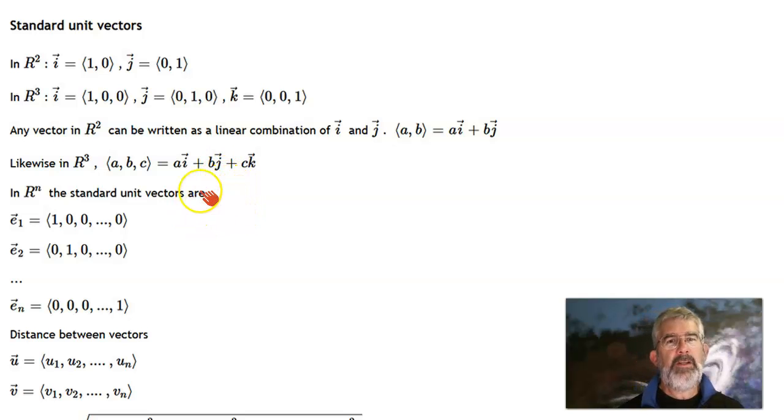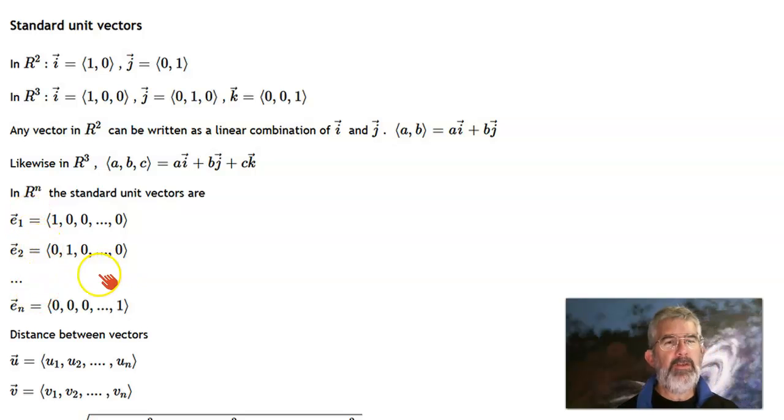Okay, standard unit vectors. We could keep going and say, oh, in R4 I got i, j, k, and l, and then R5 i, j, k, l, m, and you're just going to run out of letters pretty soon. So generally what we do is we say, in Rn, I can still have a set of what are called standard unit vectors, and we use the letter e for whatever reason. e sub 1, e sub 2, e sub 3, all the way up to e sub n.